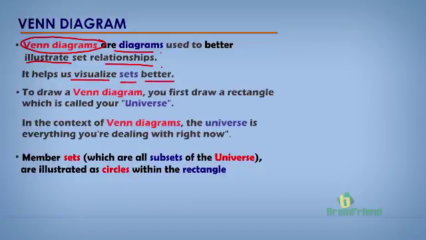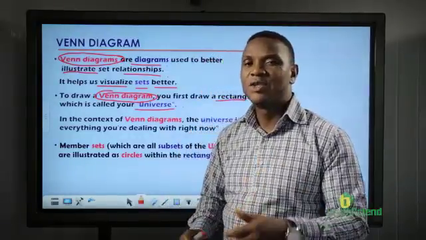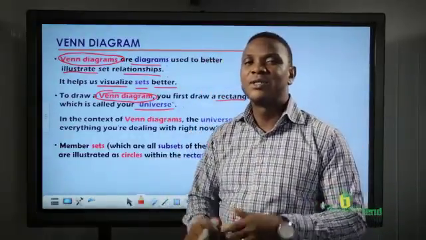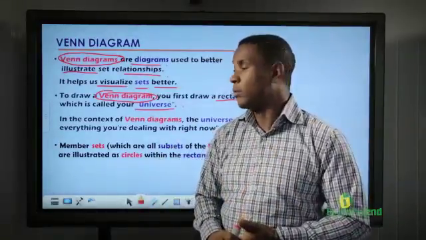Basically, to draw a Venn diagram, you first draw a rectangle, which is called your universe. In our classes before now, we learned that the universe is the set that contains all the elements in a set of given problem.